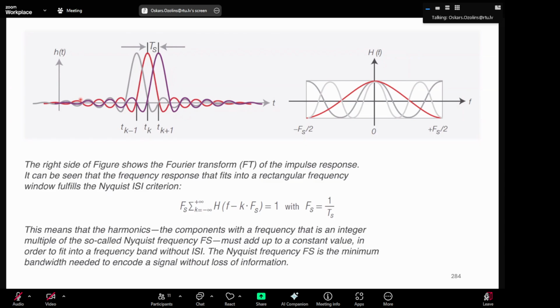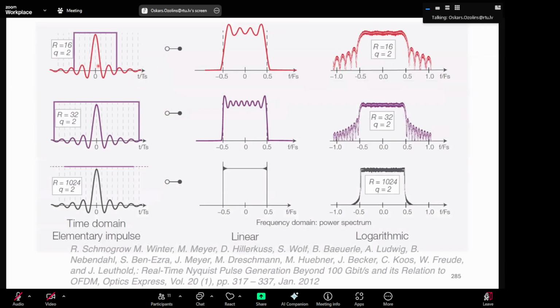And here is an example of a frequency response that fits a rectangular spectrum window that fulfills the Nyquist intersymbol interference criteria.